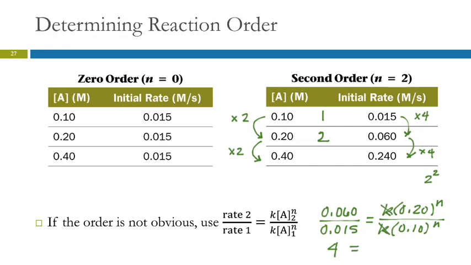So that equals 0.2 to the n divided by 0.1 to the n. Which is the same as 0.2 over 0.1, the quantity to the n. I ran out of space. So 0.2 divided by 0.1 is 2 to the n. This one we can just look at and say, oh, well, n must be 2.